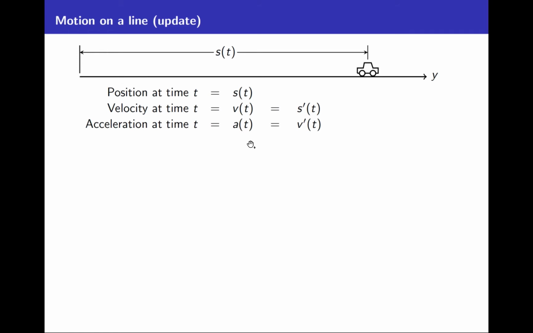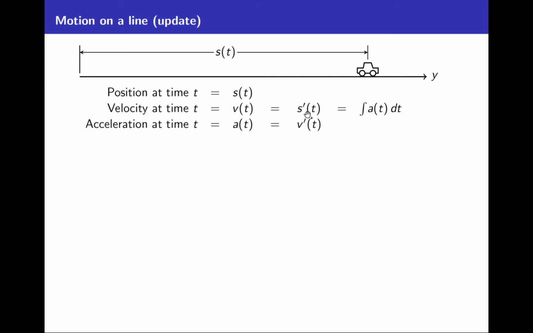It would make sense then that by taking antiderivatives, you could go from acceleration to velocity back up to position. In fact, because the derivative of velocity is acceleration, that means velocity is an antiderivative of acceleration. So this v of t equals the integral of a of t dt.